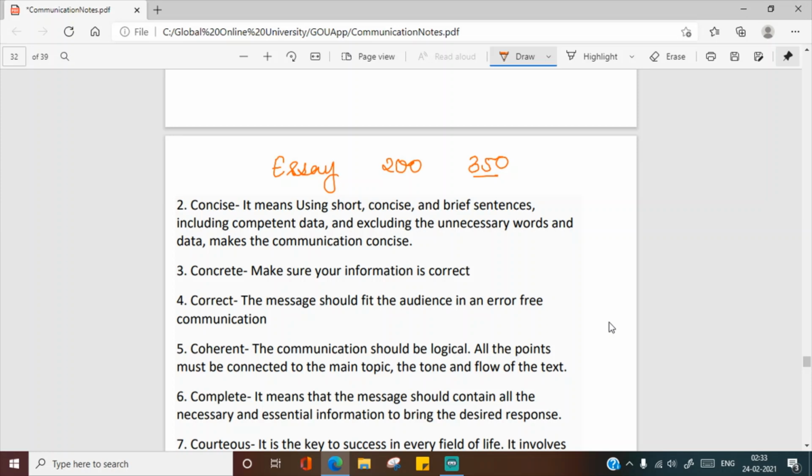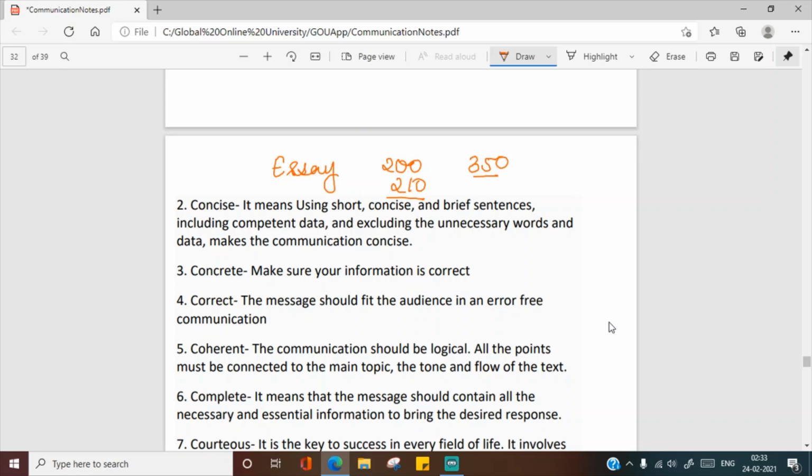If you write only a 110 words essay, you can get more marks because you should communicate in a short way and in a way that you are able to present the concept or the idea very well. So more words doesn't matter. If we speak less and speak sensibly, that will be more helpful than using extra words.